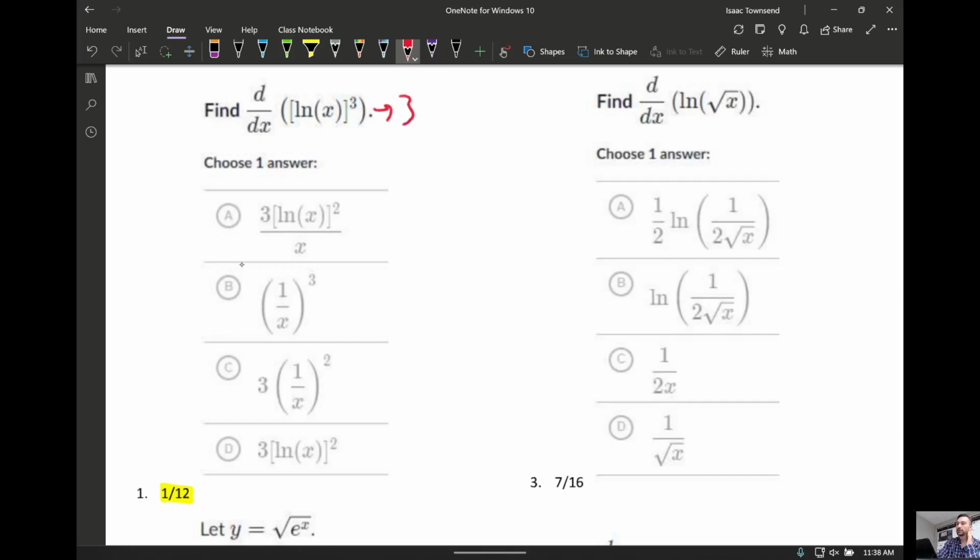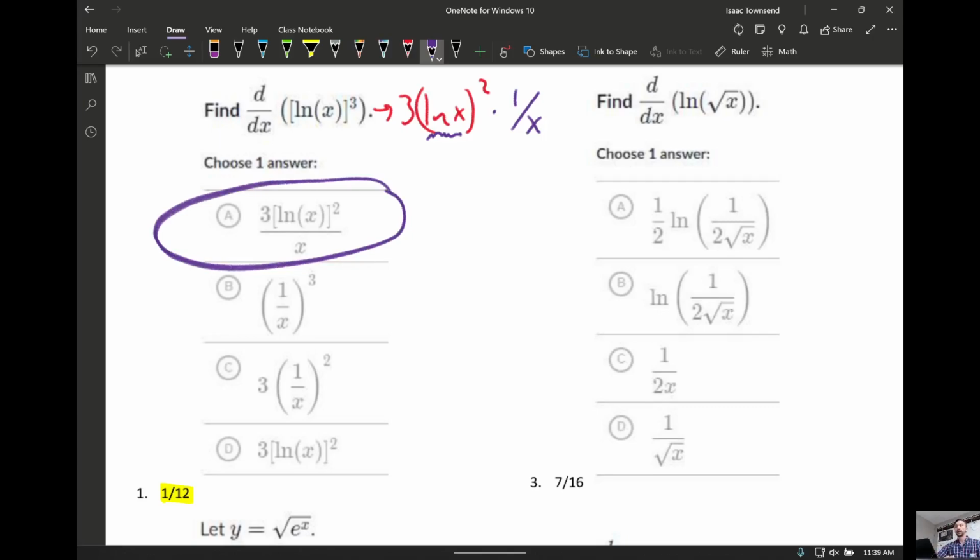So bring the power down, lower the power by 1. And then really the only extra step for chain rule is you have to always, not sometimes, but always take the derivative of the inside. And the derivative of natural log is one that we need to memorize. It's 1 over x. So that should have left you with choice A.